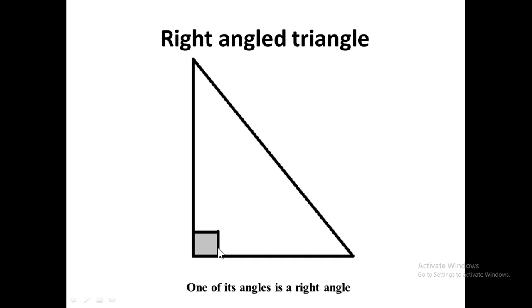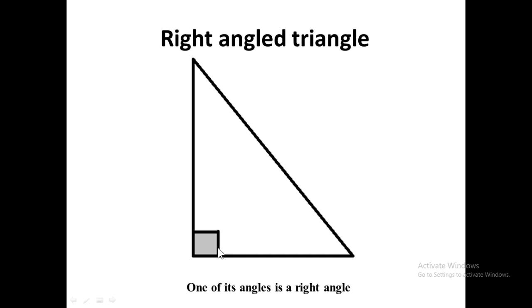So of course you know that we have three angles in a triangle, but if one of the angles in that triangle is a right angle, that triangle is called a right angle triangle.